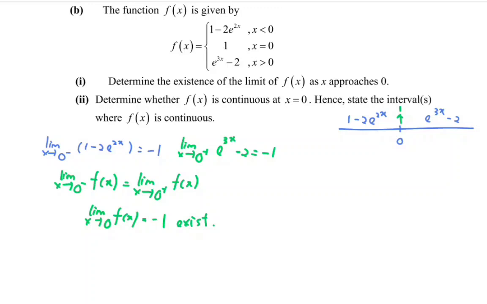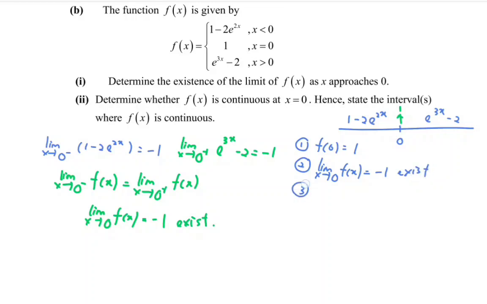So continue. Number 2, determine whether f(x) is continuous at x equals 0. Hence, state the interval where f(x) is continuous. Step number 1, f(0), and we have the value of y which is equal to 1. Next, step number 2, the limit when x approaches 0 for the function f(x) exists and approaches negative 1.